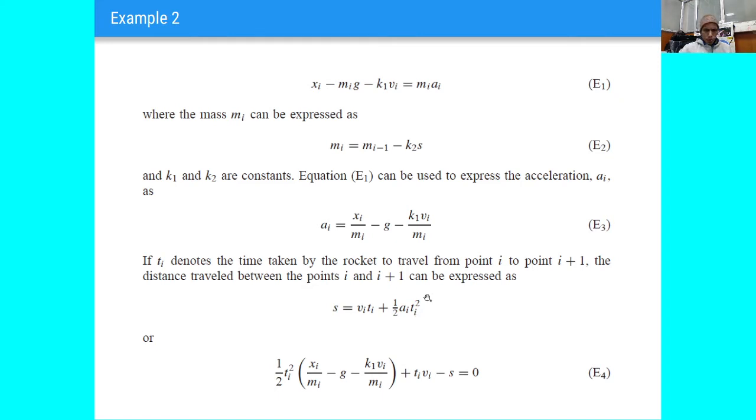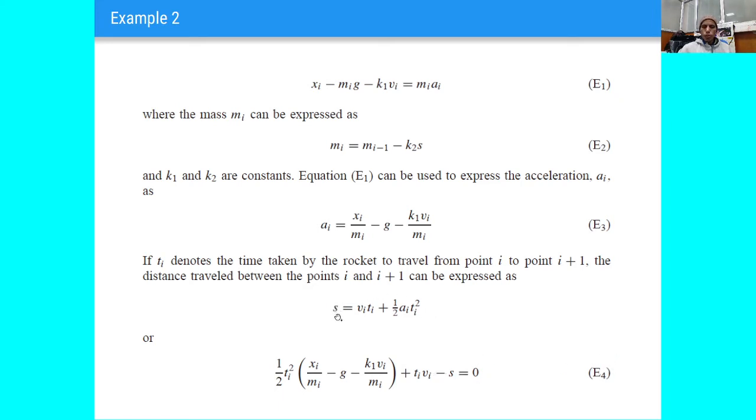Here we know vi, we know ti, and we have calculated ai in equation number 3. What is ai? ai equal to xi upon mi minus g minus k1 vi upon mi. So if we simply put this value in your equation, we will get equation number 4.